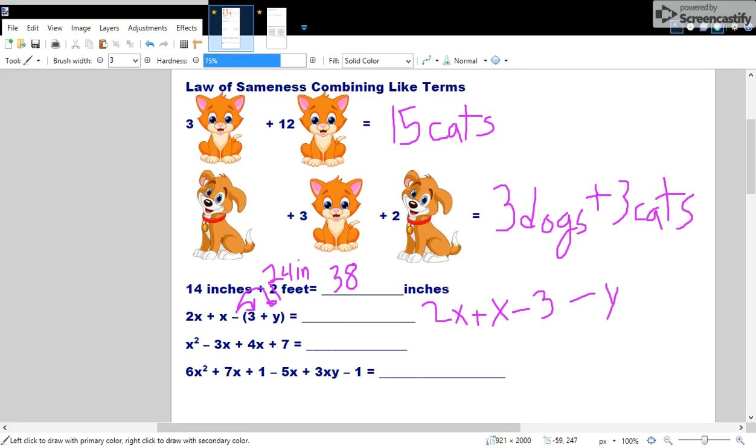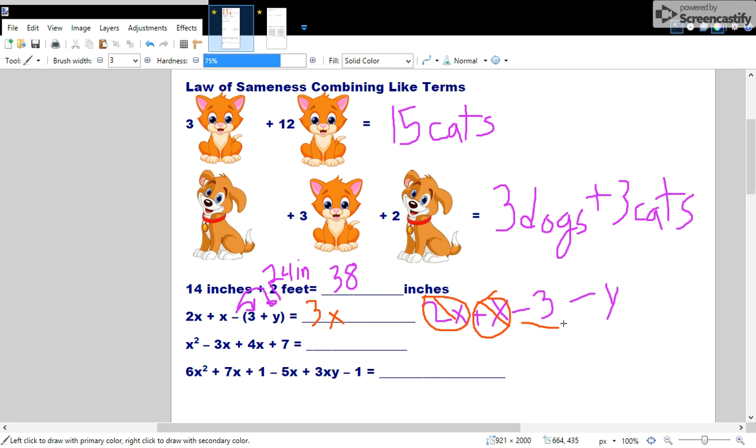From here we can combine like terms. Well, this has an x and this has an x. So let's add those together. 2x plus 1x is 3x. So we're done with those. Okay, we have a constant, -3.